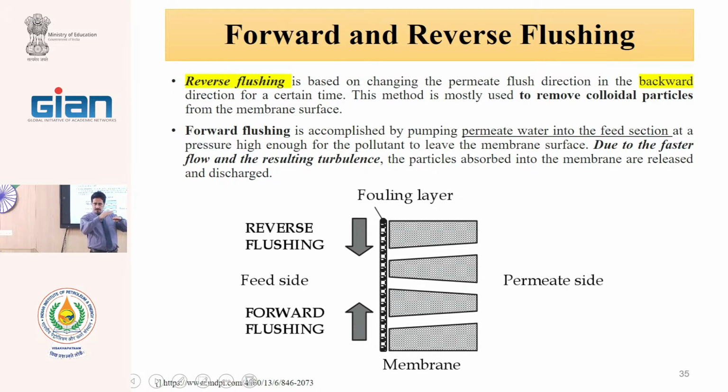We usually filter from the surface to the bottom. Backwash means we return some of the permeate from bottom to surface, and this movement from the permeate side to the feed side causes molecules to enter and remove this layer, okay? This is called backwash. But we also have forward and reverse washing or flushing.